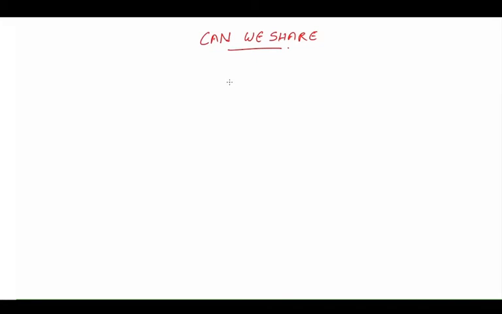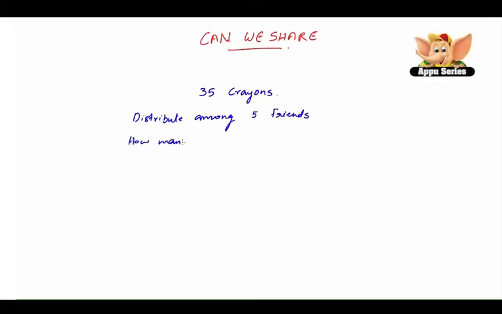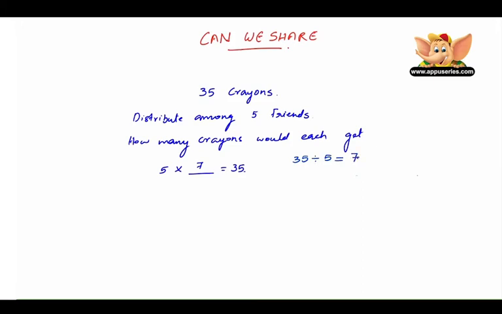Let's try one more. Let's say you have 35 crayons to distribute among your 5 friends. How many crayons would each get? That's 5 times blank equals 35. Well, if the answer that you got was 7, you were right. So when you divide 35 by 5, which is 5 friends, you get 7. You want to cross-check that?